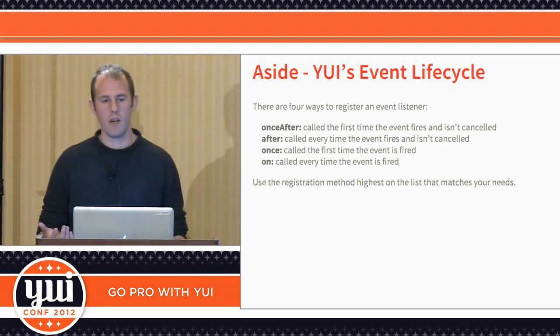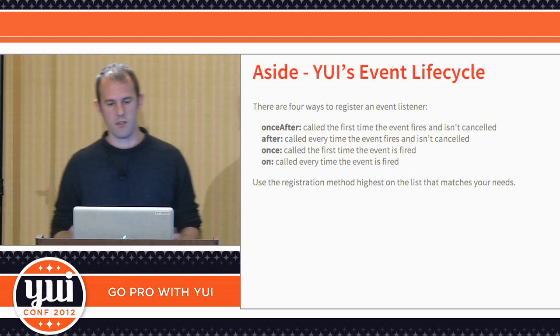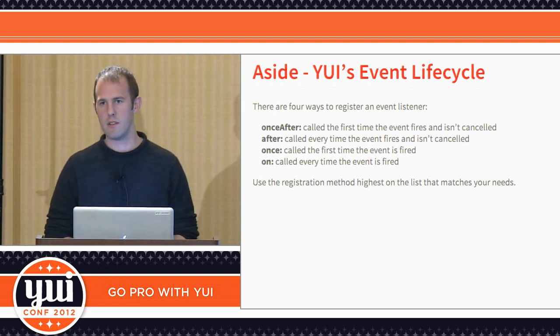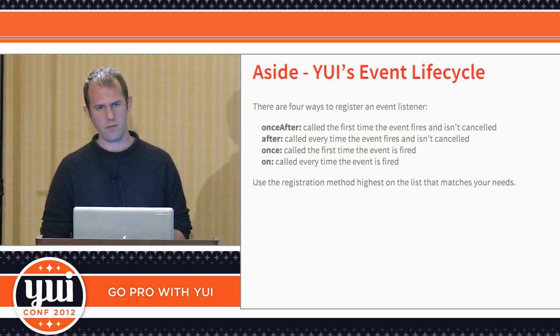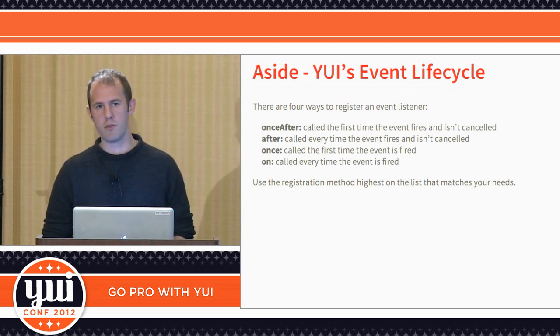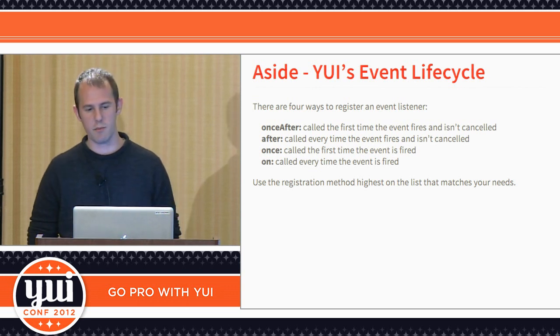One thing about YUI's custom events is that there's 4 ways to register events. And I think this is really important for developers working on YUI to really get to understand: the on and after phase of events. On is fired as the event is happening. On lets you prevent the event from occurring if the event is customized as preventable.